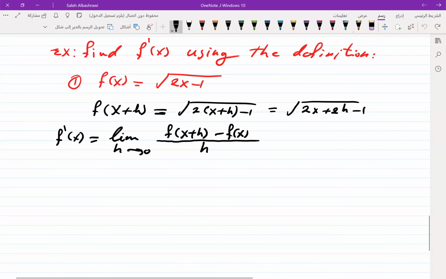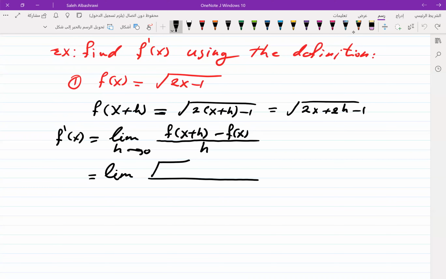This is equal to the limit of f of x plus h, which is given by the square root of 2x plus 2h minus 1, minus f of x, which is square root of 2x minus 1, as h goes to 0. Now this is of the type 0 over 0 indeterminate case, so we need to simplify it.